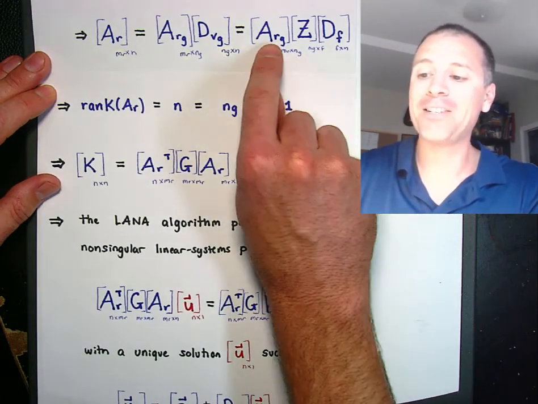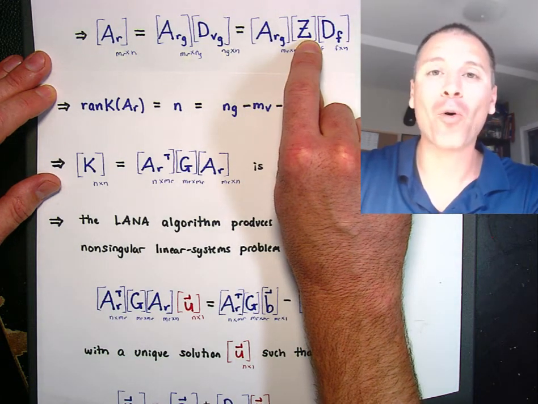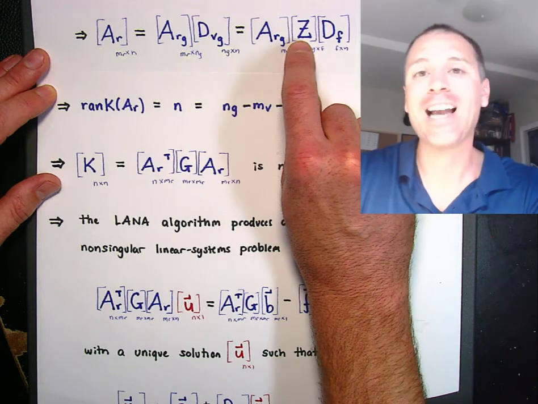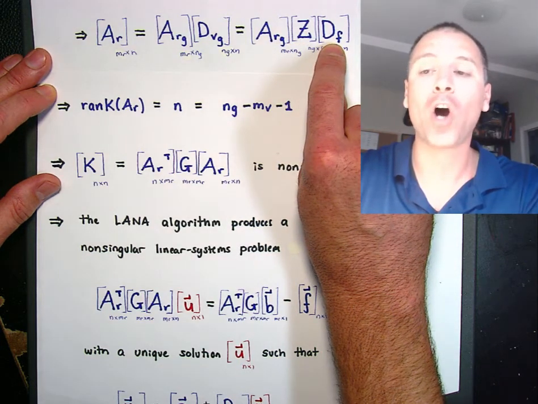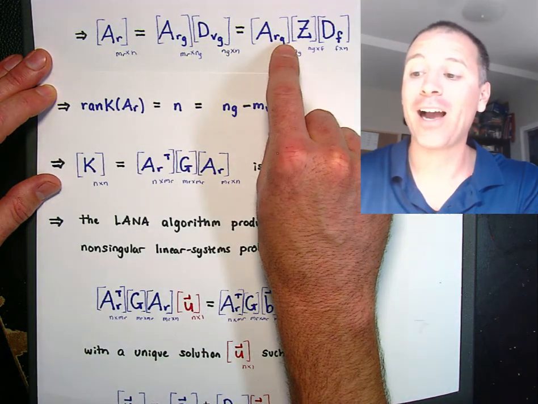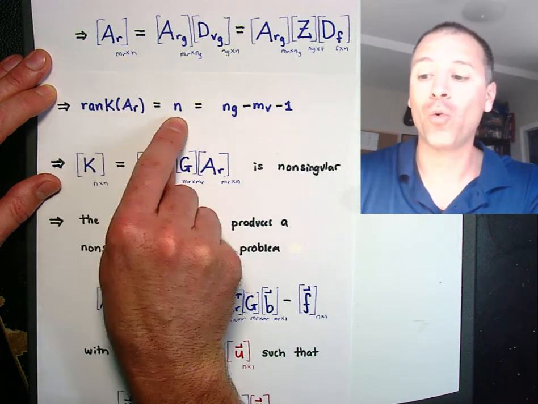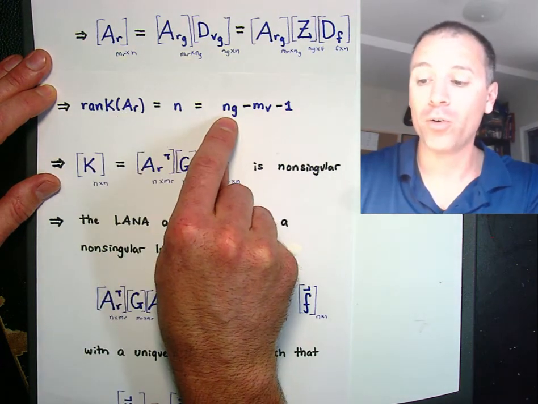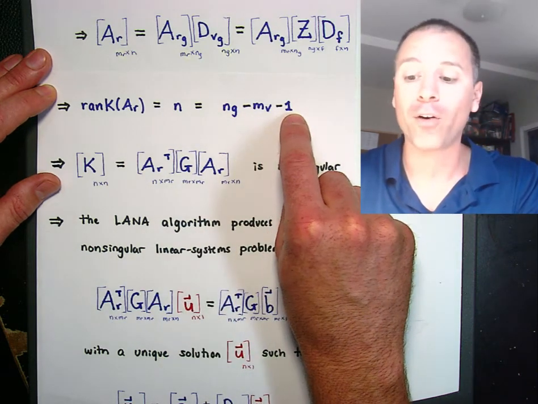But remember, A sub rg times z is the incidence matrix for the digraph model of the deactivated resistor circuit. Here I'm deleting just one column of that. In general, that resistor circuit will be modeled by a connected digraph, so when I delete a column, that matrix has to have full rank, which is the number of nodes in my original circuit minus the number of voltage sources minus 1 for the ground node.